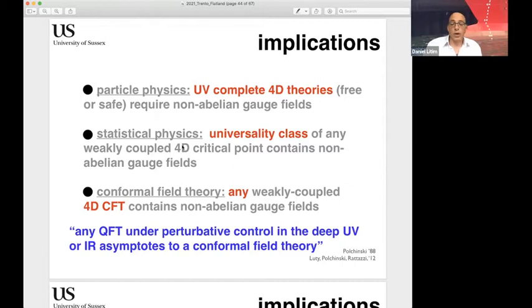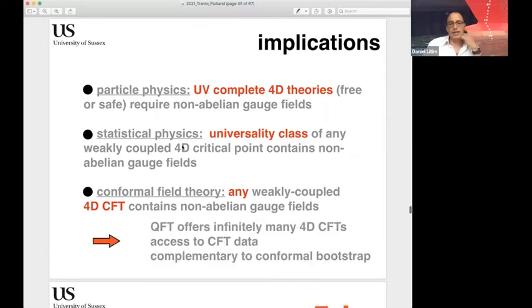So what this is now teaching us is that any weakly interacting 4D conformal field theory in one way or another has non-abelian gauge fields within it. Now that's something which from a CFT point of view looks absolutely strange, because that's not how you would normally look at your setting.